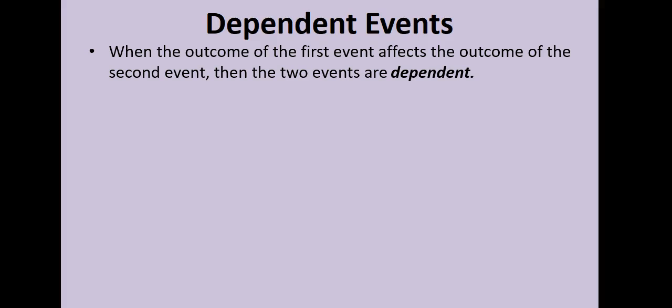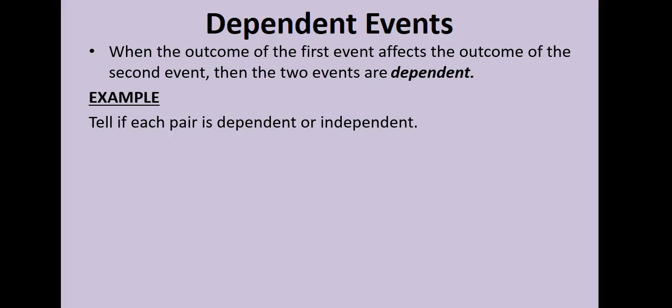Whether you do your homework has an effect on the grade that you're going to get in class. So whether or not you make an A in a class is going to be dependent on the probability of you doing your homework. So we're going to look at some examples here and tell whether they're dependent or independent, just to help you understand a little bit more.